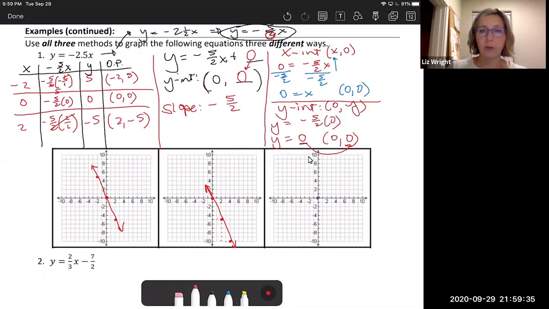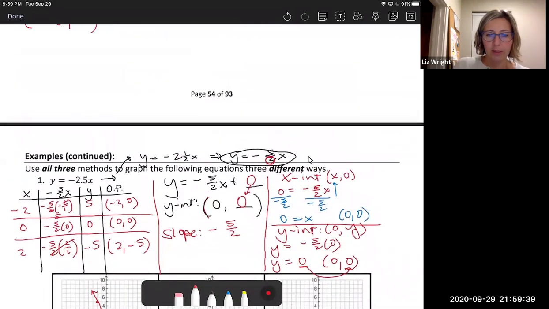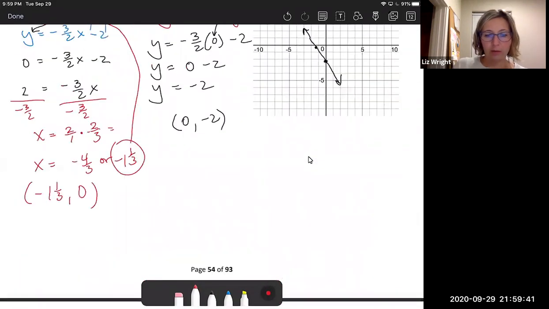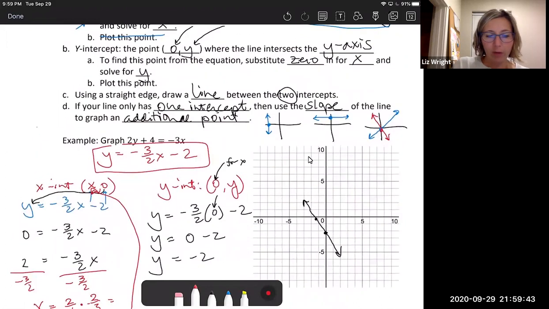So what are we supposed to do again if we get only one intercept? It tells you up here that if we only get one intercept, which is exactly what we had because of this situation, we need to use the slope of the line to graph at least one more point.